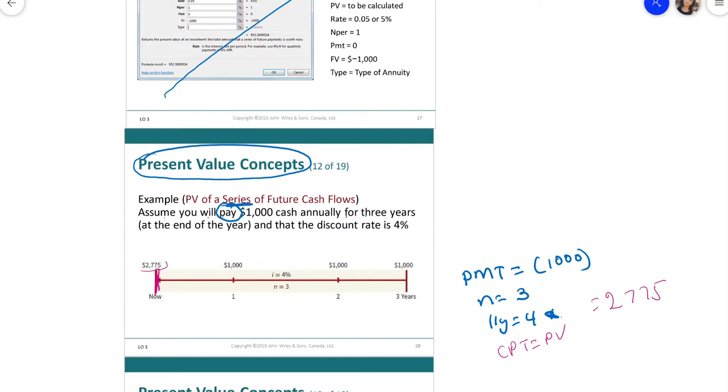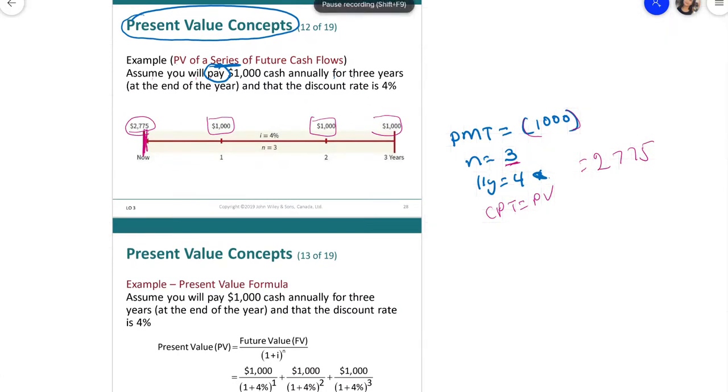So if you borrowed, in other words, $2,775 today, you're making 3 annual payments. That's where the 3 comes from. Those 3 annual payments on your calculator are a series of payments, and you want to calculate the present value of those annual payments.